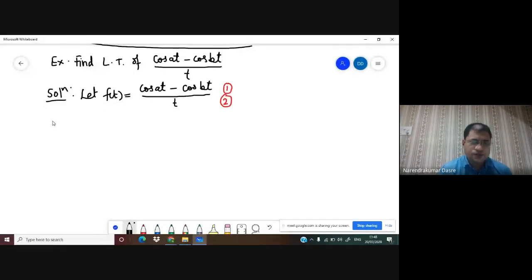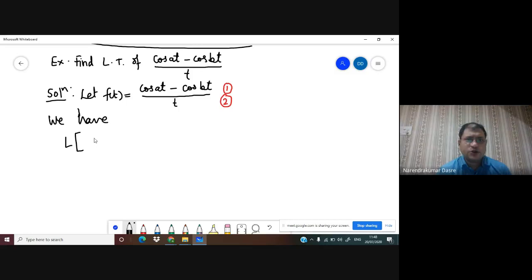Then what we'll be having here is the Laplace transform. As I have told you already, this is very important: do not separate the terms in the numerator. Please be careful.